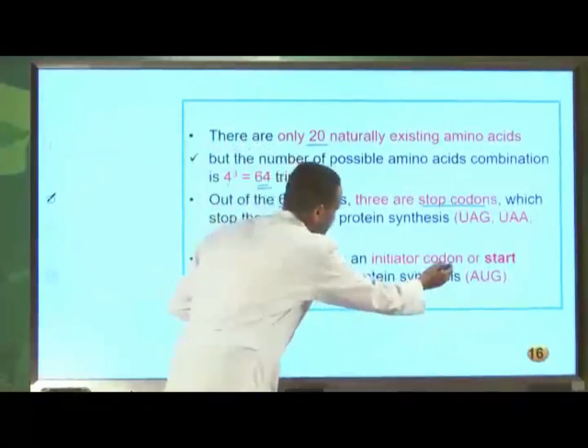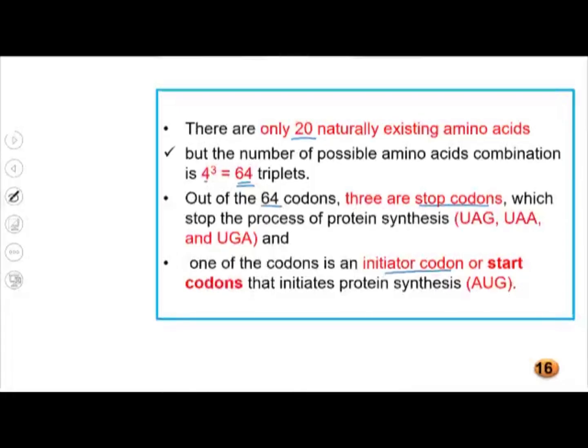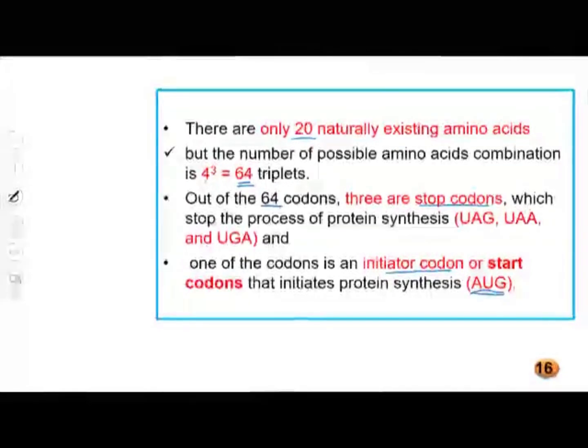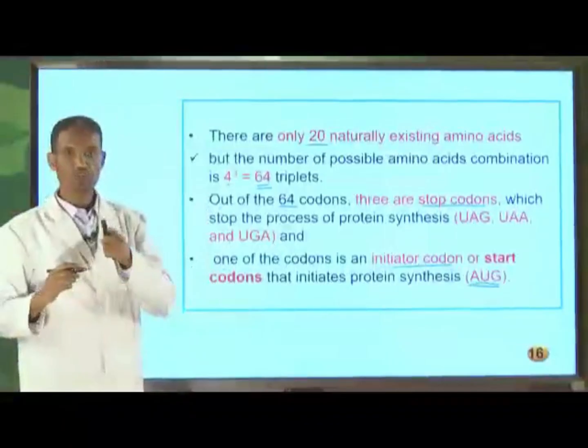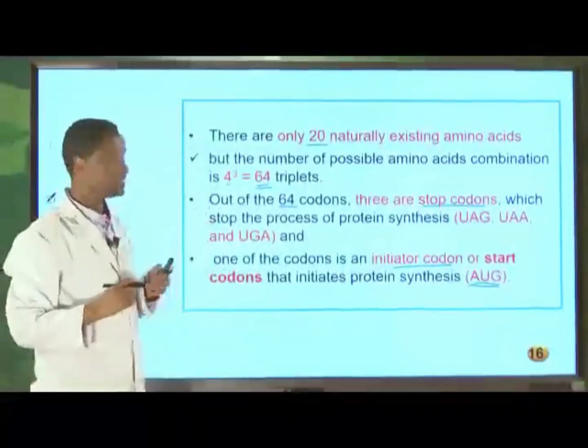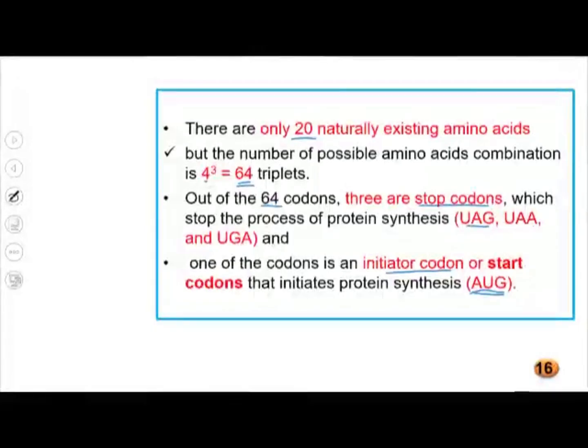The initiator codon starts the process of protein synthesis. Therefore, it is so-called the start codon. AUG is the start codon. Whereas the codons which stop the process of protein synthesis are 3 in number. They are UAG, UAA, and the third one is UGA.